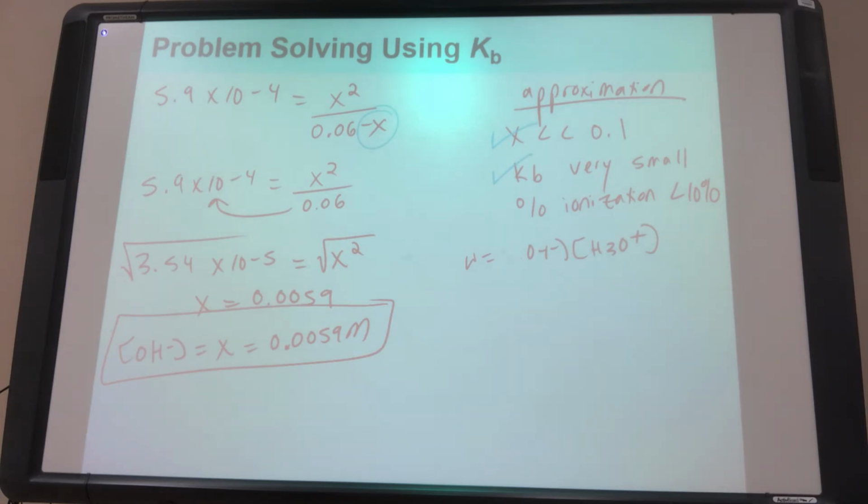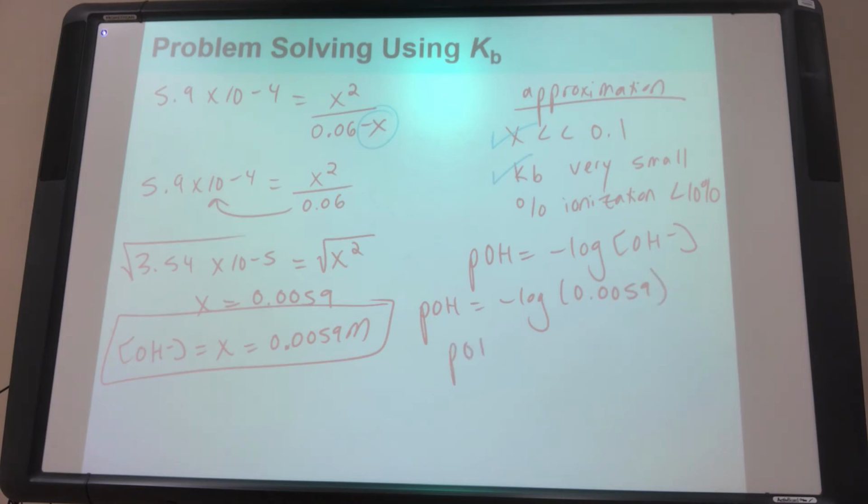But you're more likely to make a math error. So what I would rather you do is go ahead and use your OH minus to find your pOH. So we know this is negative log of your OH minus, because this is going to make it where you have fewer exponents and funky numbers, so you're less likely to make a math error. So we plug that in. 0.0059.